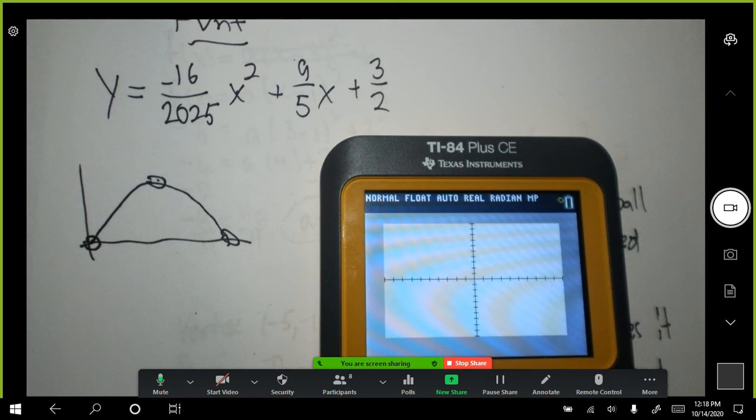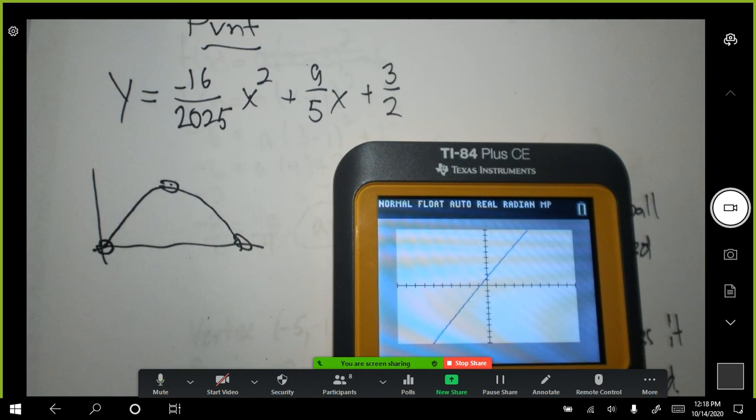All right, now here's the problem. You look at the graph initially, and it looks like a line there because it's so far zoomed in. So what we've got to do is think about a football field.